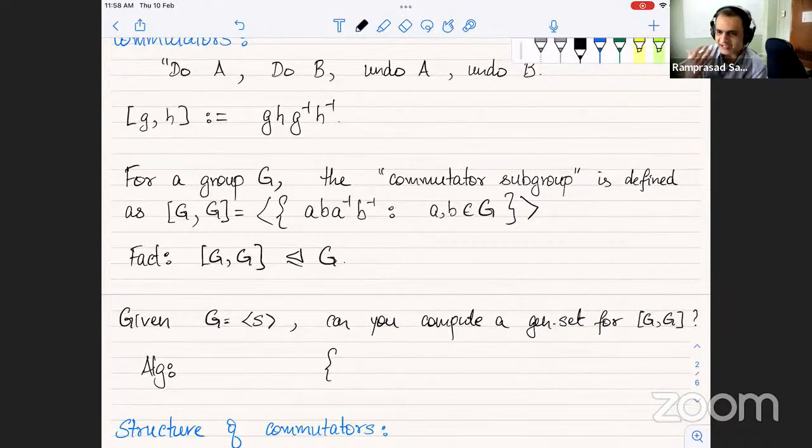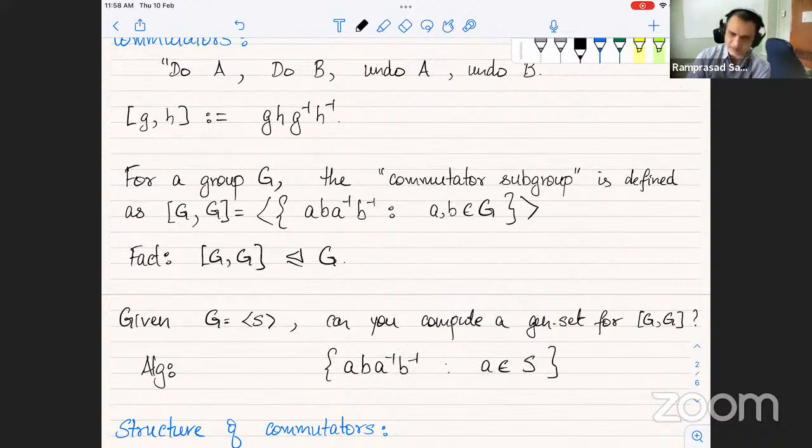So one natural knee-jerk reaction to constructing a generating set for this is you just take all elements of the form a b a inverse b inverse, where a and b are elements of S. Obviously, these must be things that you should take, and one can hope that this generates the entire commutator subgroup. But it turns out it actually doesn't. There are examples where this doesn't.